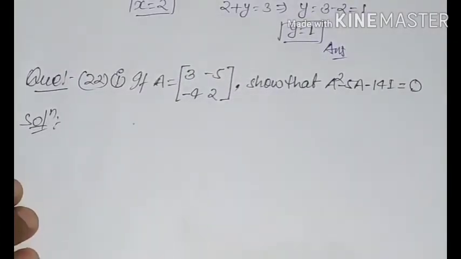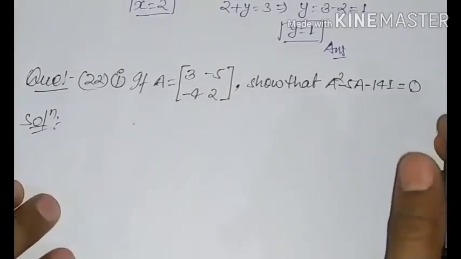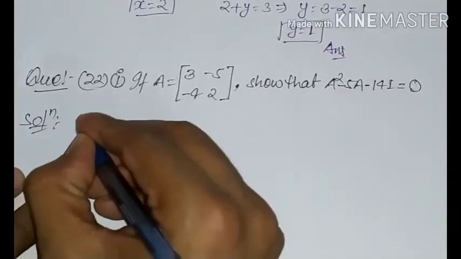Question number 22. If A equals [3 minus 5; minus 4 2], that is a 2 by 2 matrix, we have to show that A square minus 5A minus 14I equals O, that is the null matrix. I'm going to take the left hand side.